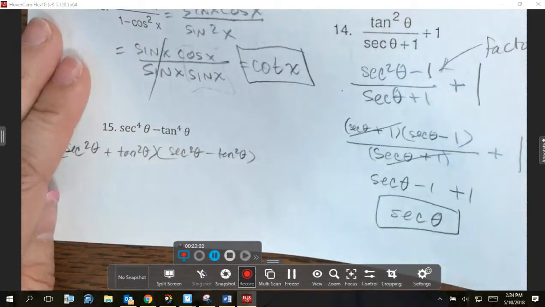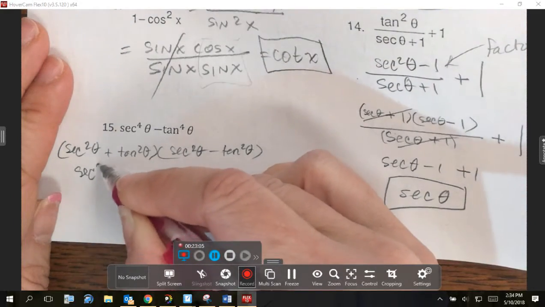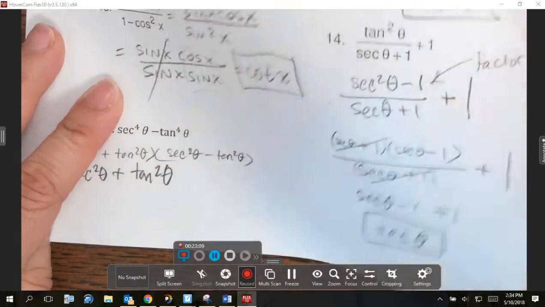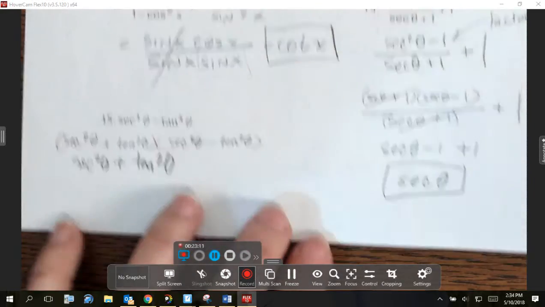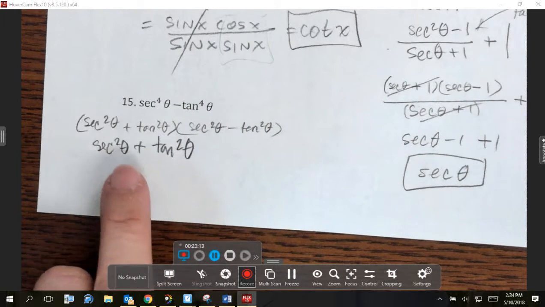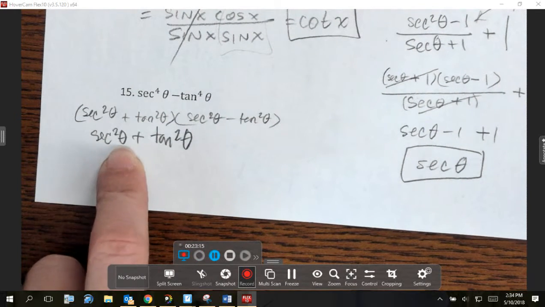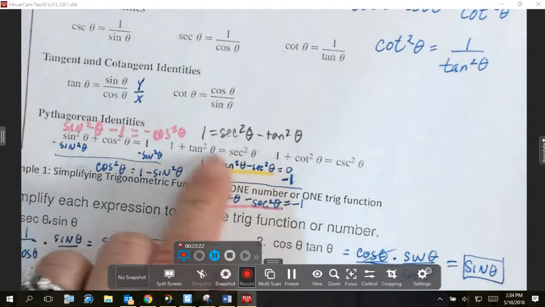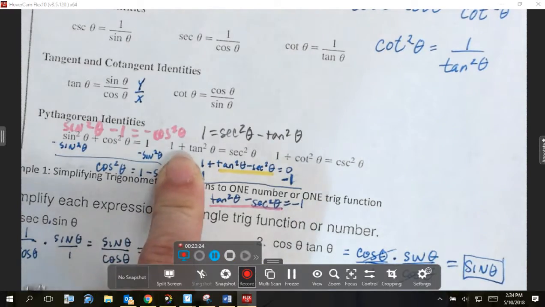So really I just have the first parenthesis, which is secant squared theta plus tangent squared theta. Using that same identity, secant squared theta equals 1 plus tangent squared theta. So I'm going to add them.